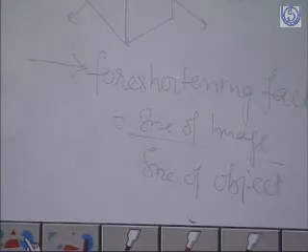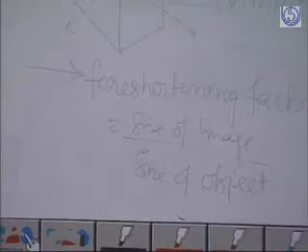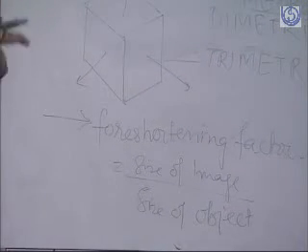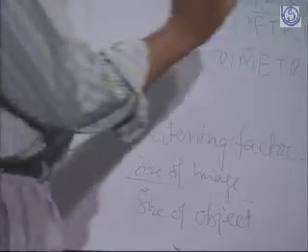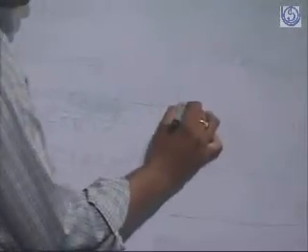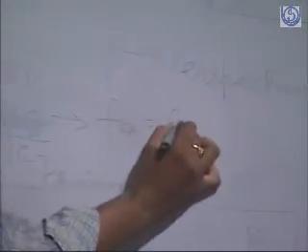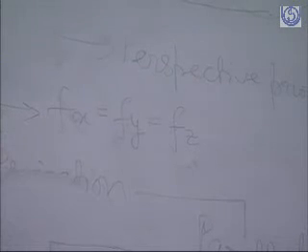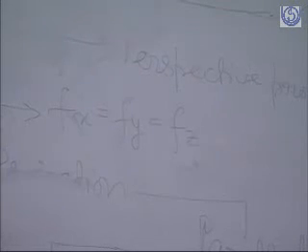So we are supposed to decide the factor by which the image is reduced, and that factor is known as the foreshortening factor. If the foreshortening factor along the x, y and z directions is the same, then the projection produced is known as isometric projection: Fx = Fy = Fz. Similarly, in diametric projection the foreshortening factor is the same in two directions but not in the third.